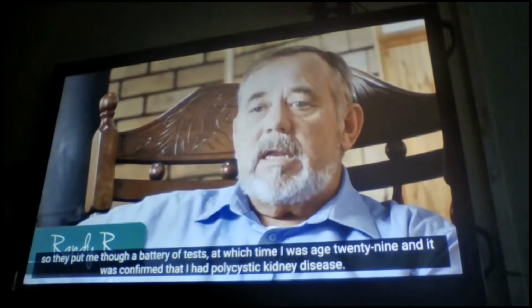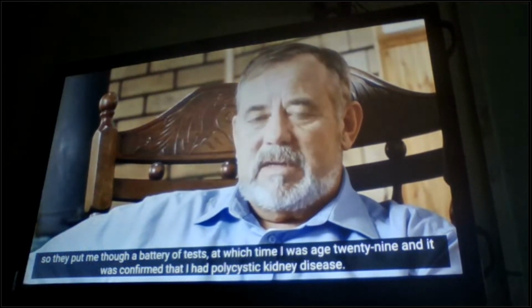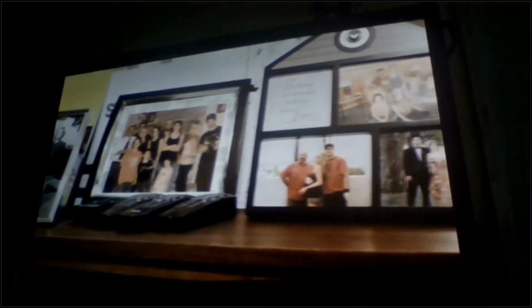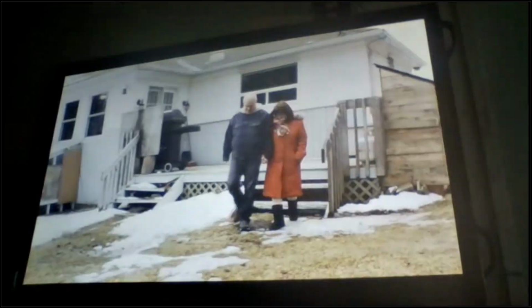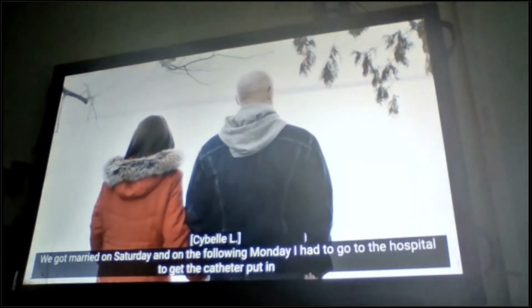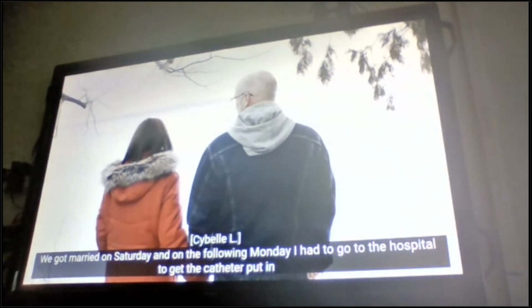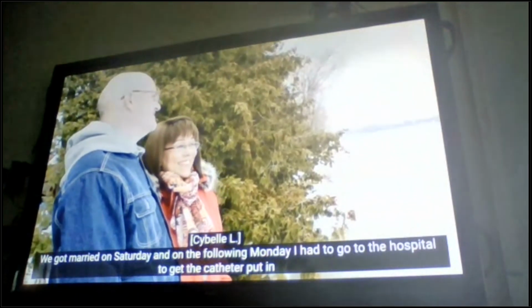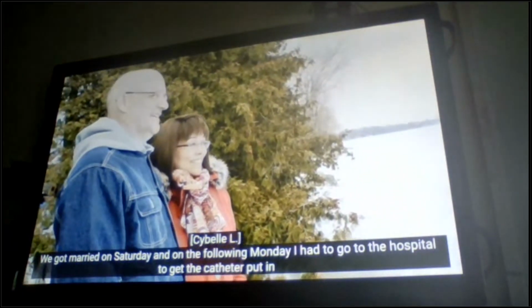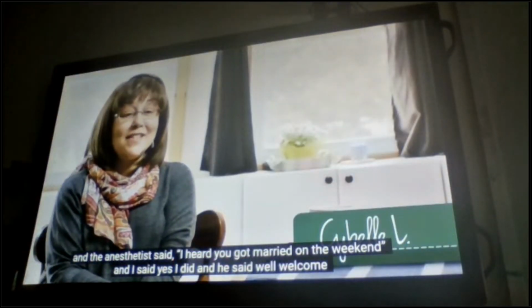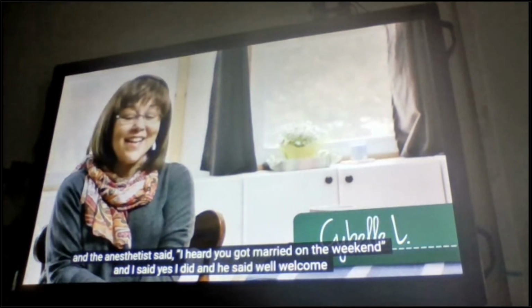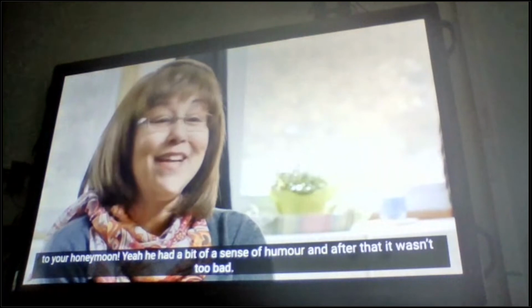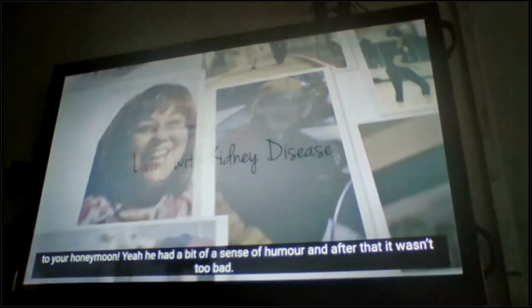I was about age 29, and it was confirmed that I had polycystic kidney disease. And sadly, my son has it as well. We got married one Saturday, and on the following Monday, I had to go to the hospital to get the catheter put in. And the anesthetist said, I heard you got married on the weekend. I said, yeah, I did. And he goes, oh, welcome to your honeymoon. Yeah, he had a sense of humor, and after that, it wasn't too bad.